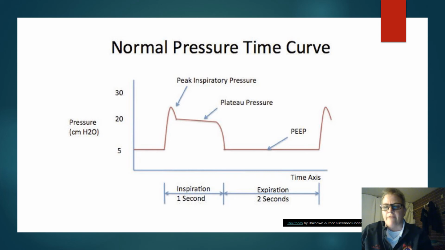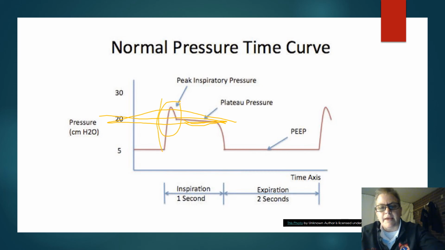When you see that waveform, you're going to see this big old rise, and then you're going to see it drop off, and that will be your plateau pressure. That is your P-plat pressure, and you can kind of tell here that it is about 20.